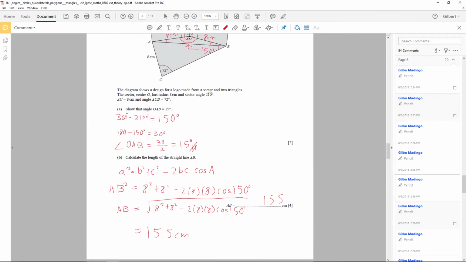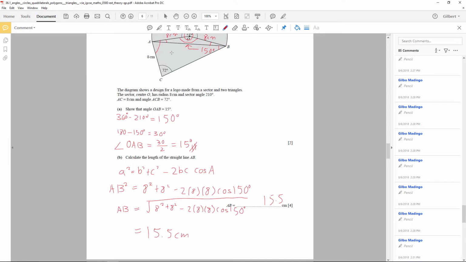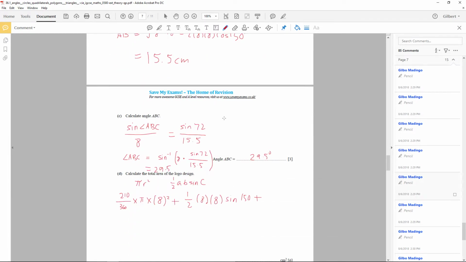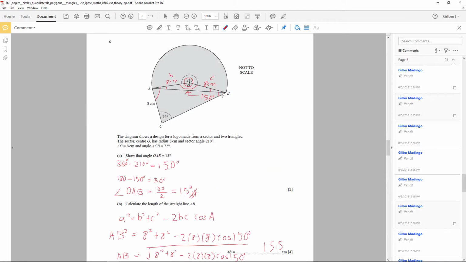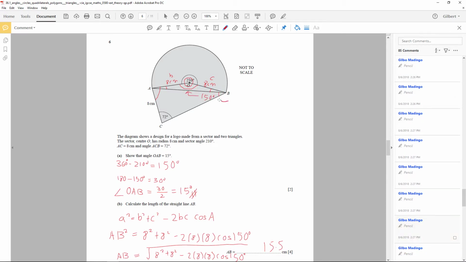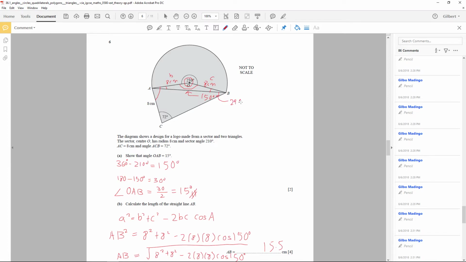Alright, this triangle we would be using, we have this value here and this value here, so we need to finally calculate the last angle here, this angle, which is, we know that this was 29.5, this value was 29.5.